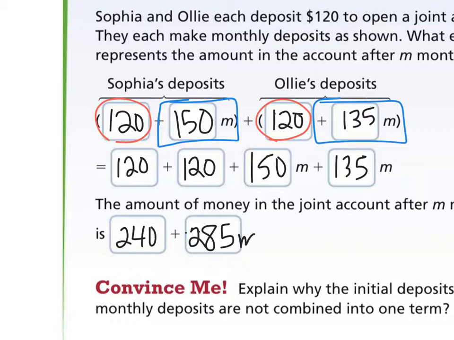Good. All right, so what this means basically is that all together, this is giving us an overall picture of what's happening. Combined, they deposited $240 at the beginning, and then combined, they're depositing $285 a month between the two of them.